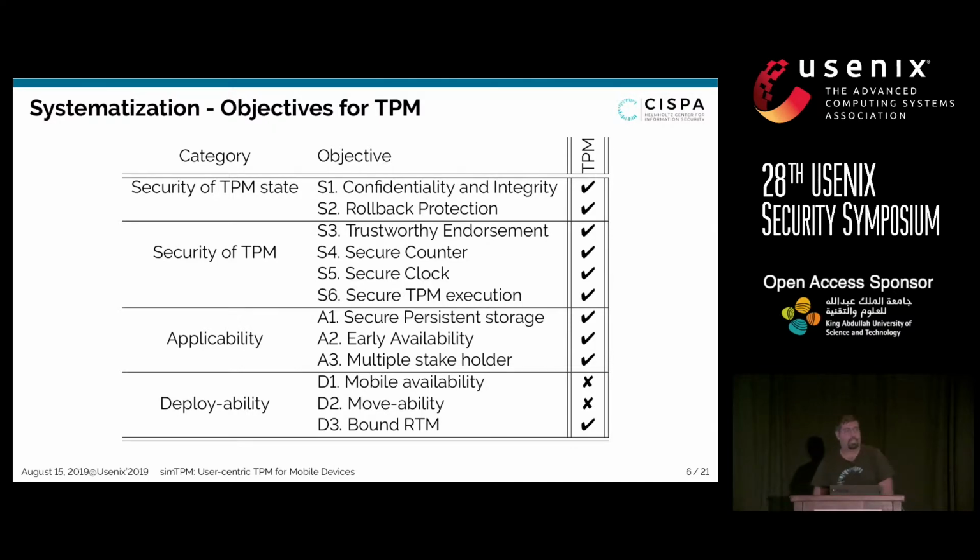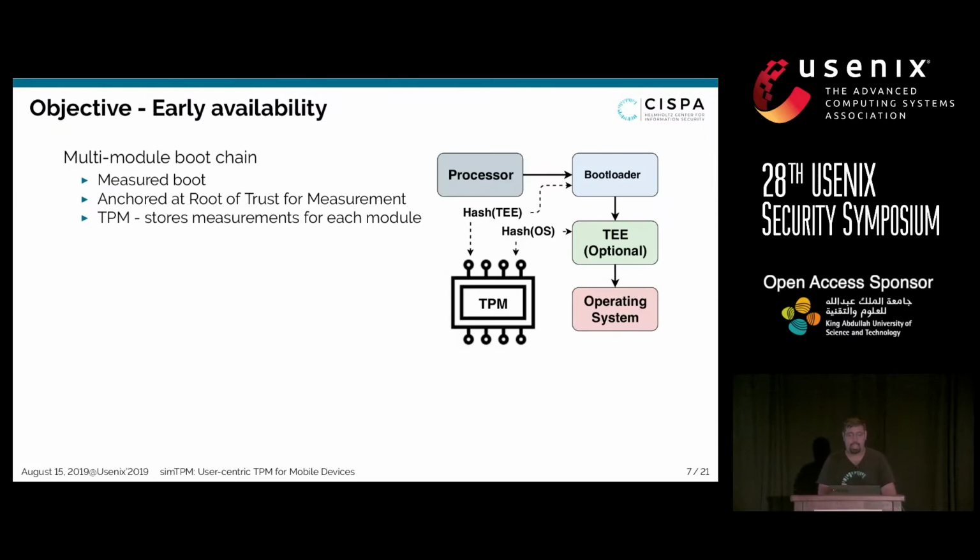Due to time constraints, I am unable to talk about how we devised all the objectives, but I will talk about a handful of them. In my motivational slides, I already talked about multiple stakeholders and the current scenario in the mobile domain. The other two objectives that I want to talk about are early availability and bound RTM. Early availability is important for measured boot.